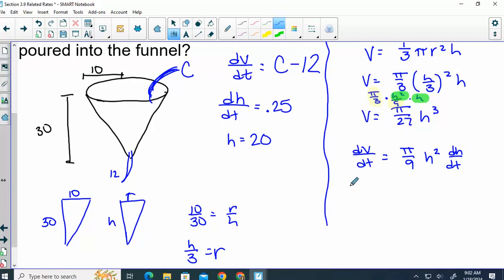So plug in what we know. dV dt is C minus 12 equals pi over 9 times 20 squared times 0.25.